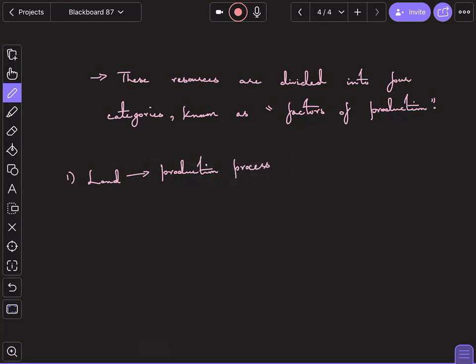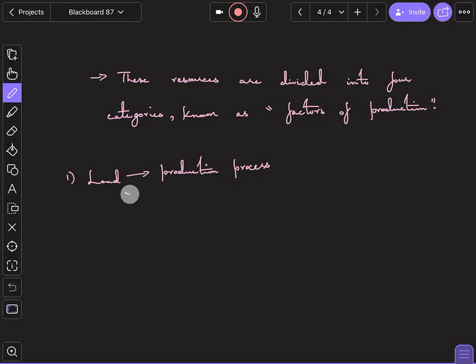So all the space, all the premises that you utilize in the production process is categorized as land. For example, if we build a factory on 2000 square yards area, that 2000 square yards area will be an example of land, because this land is utilized in the production process.